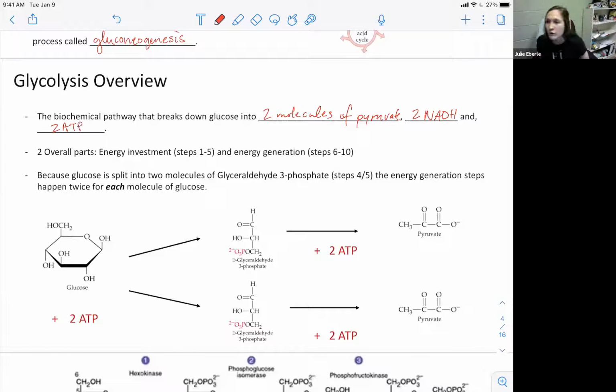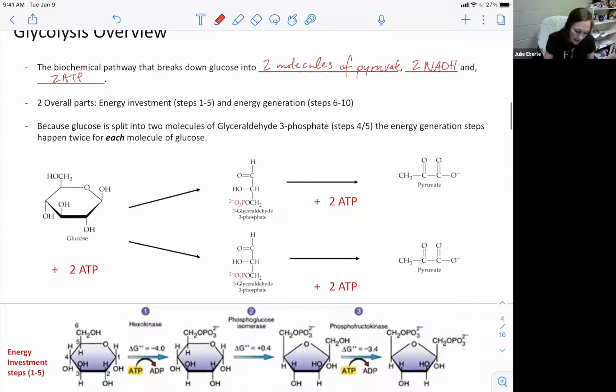Okay, so these are the overall products of glycolysis. Now, pyruvate will go on to make acetyl-CoA in the citric acid cycle, and we can get more ATP there, but we do get an overall net of 2 ATP directly from glycolysis and then 2 NADH, right?